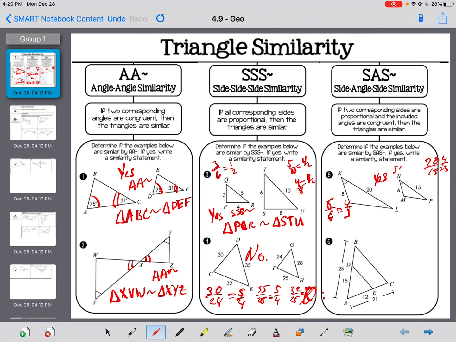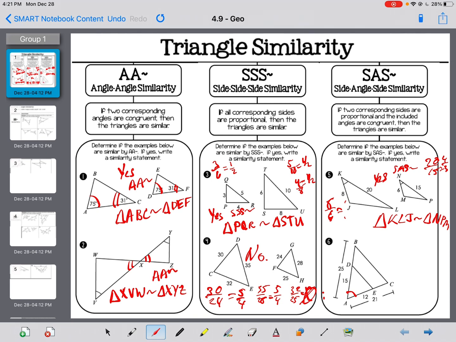Proportion, bam. We've got a SAS situation. So yes, side angle side proportionality. So triangle KLJ is similar to triangle NPM. Very good.